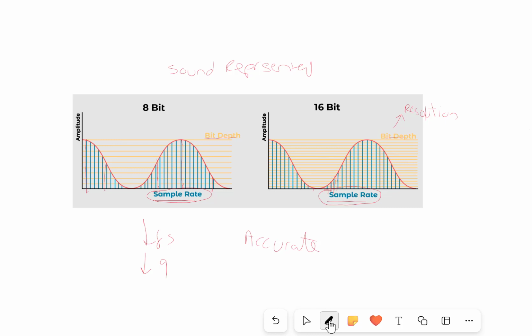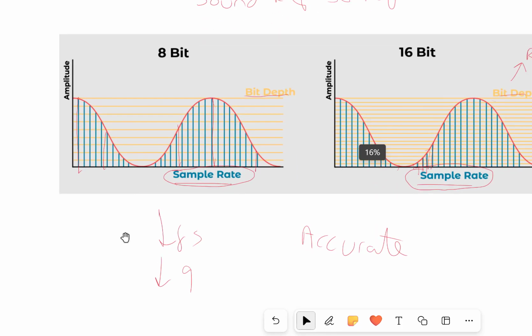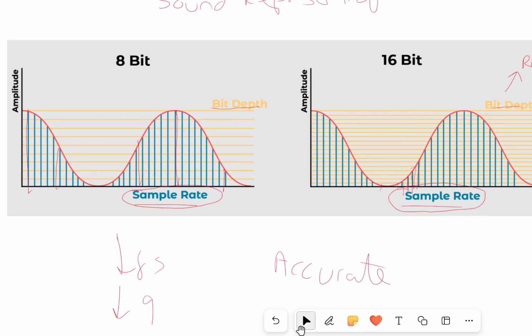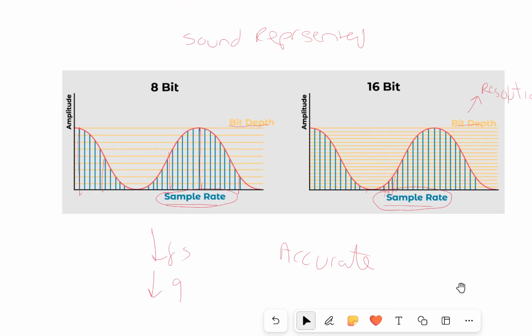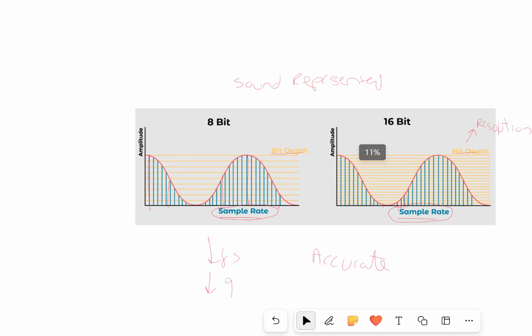Now, not just that. What else do we need to take into account? The bit depth or the resolution. Have a look at the difference between image 1 and image 2. What do you notice about the lines between them? Well, these horizontal lines represent the possible levels that can be used to measure the amplitude.